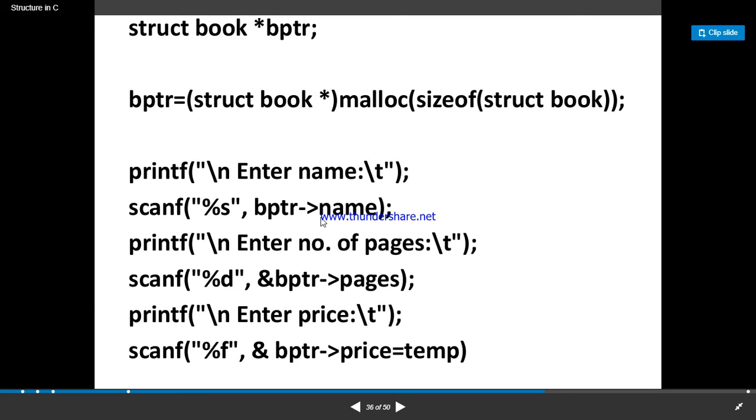That is, we call the member name by using this kind of operator, because bptr is a pointer type of variable. And then here also, we get the value number of pages by bptr and then arrow pages.